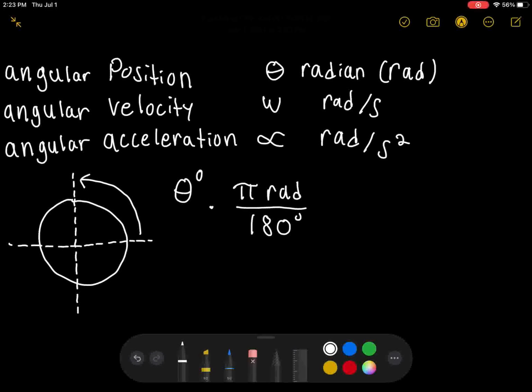This gives us our conversion from degrees to radians. Now there's one last term I need to talk about, and this is the period, designated by a capital T, and this is how many seconds it takes for one rotation.